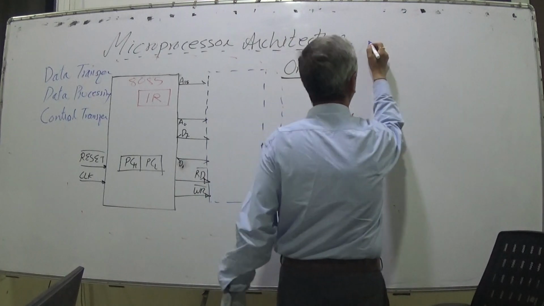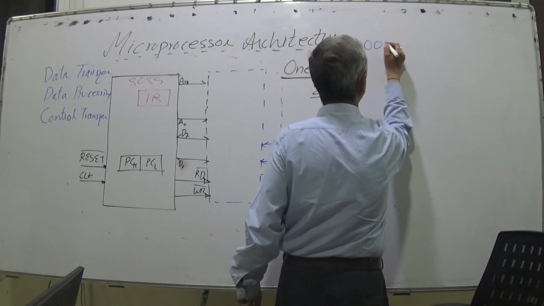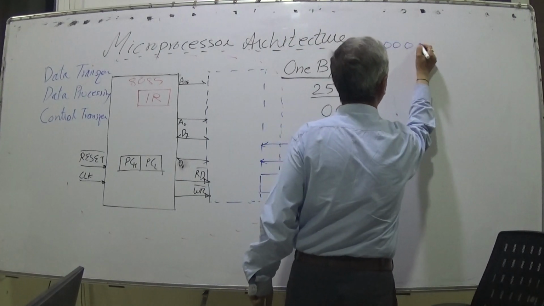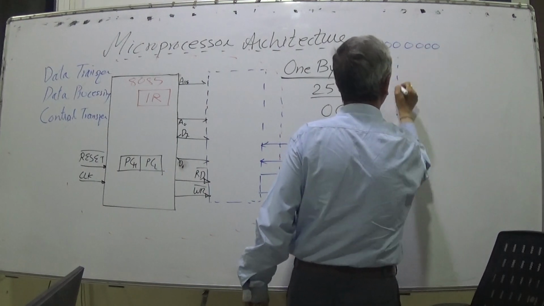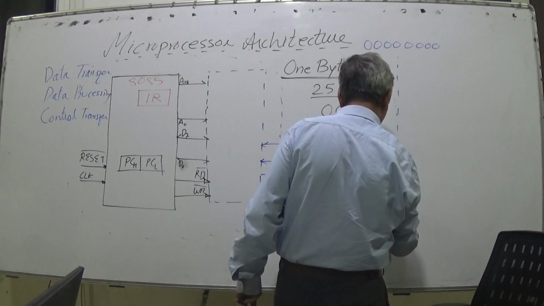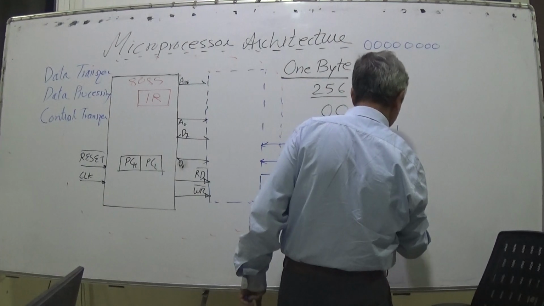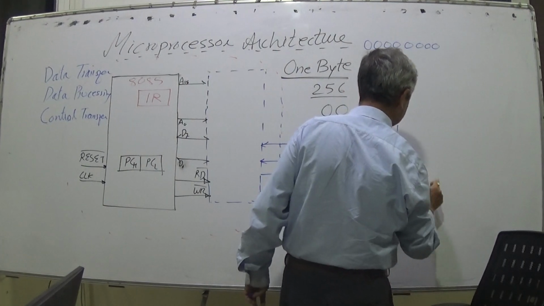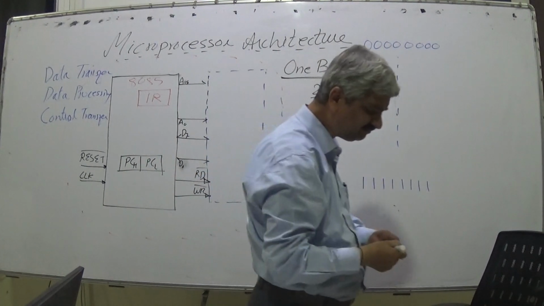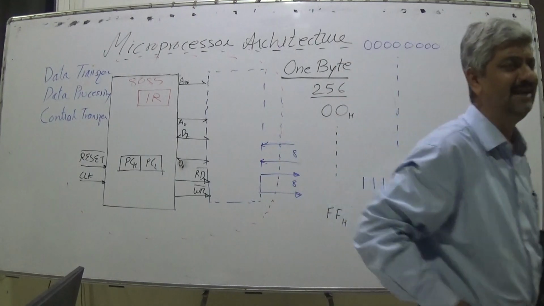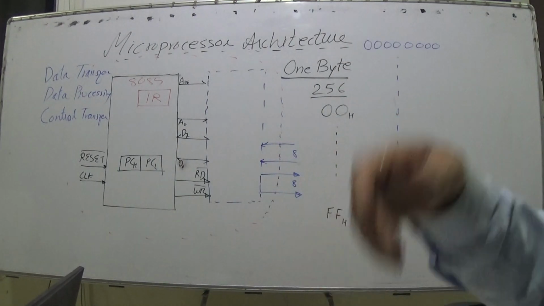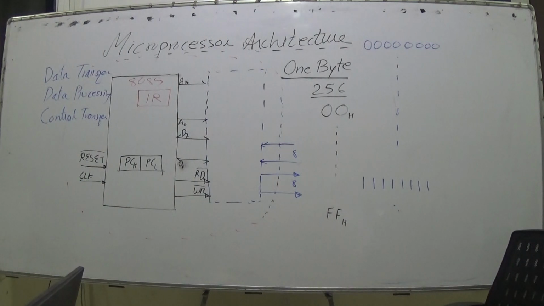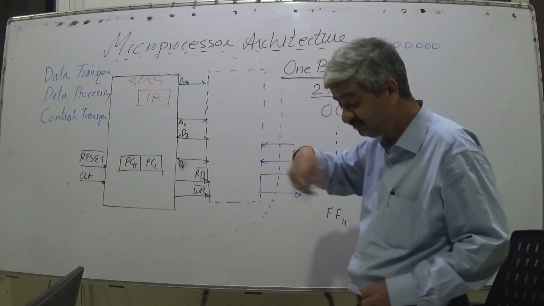So what the microprocessor will receive is a number, a combination of 8 bits, which will be one out of these 256. Then it is very simple how the instruction register is designed inside the microprocessor.